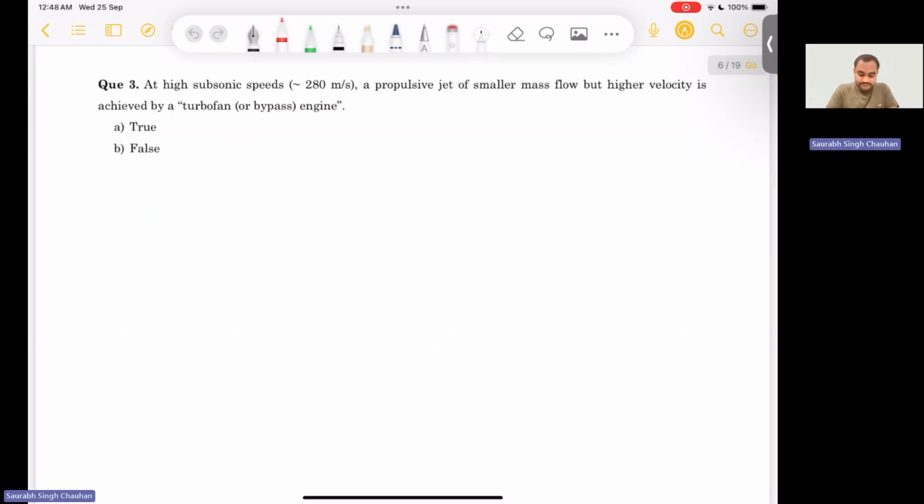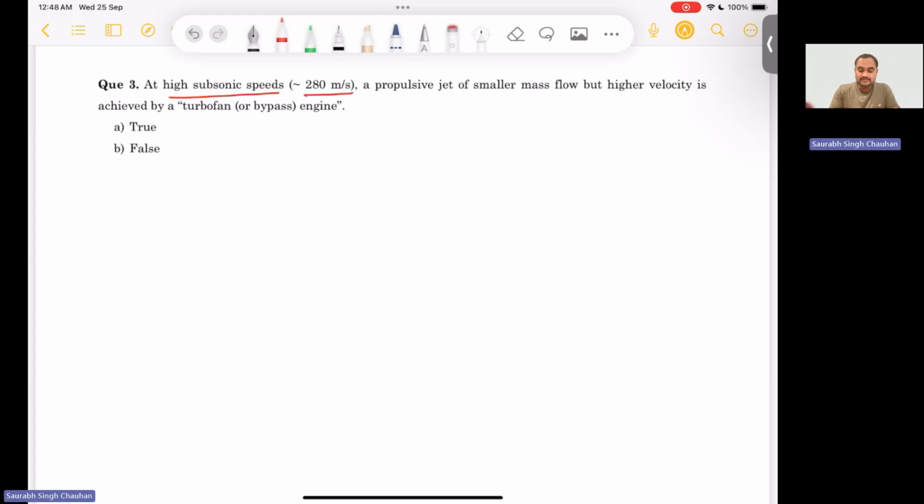Question number 3. It says that at high subsonic speeds, so subsonic means the speed is less than the speed of sound, and high subsonic speed means the speed is high, but still less than the speed of sound. The speed of sound is approximately 330 or 340 meters per second, so high subsonic speed means something around 280 or 300.